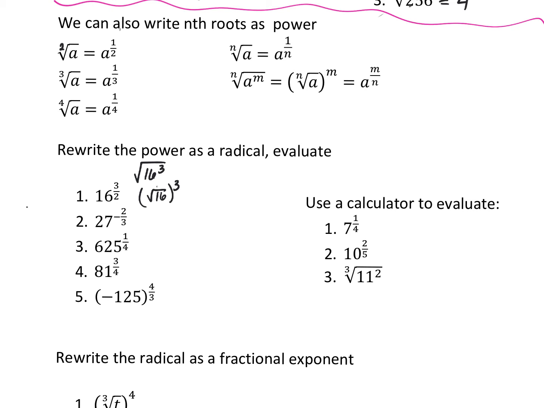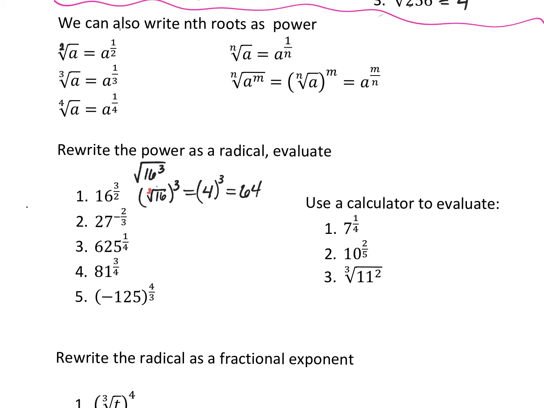Does that give me something I can do in my head? Yes. Do I know what the square root of 16 is? Yes. The square root of 16 is 4. And then I can cube that. Okay? So 4 cubed is 64. Now remember that we don't usually write the 2 in when we're writing the square root. Every other root we're going to write in the radical, but for the square we generally leave it off. But if it helps to remind you, write it in there.